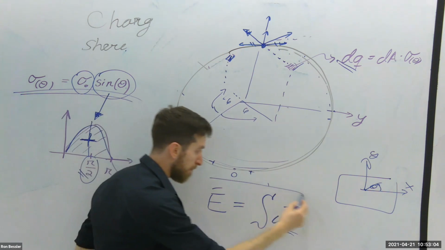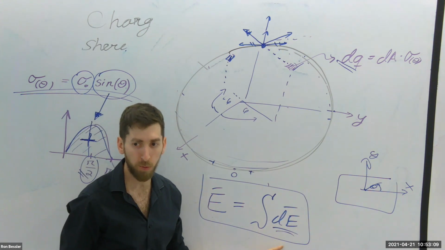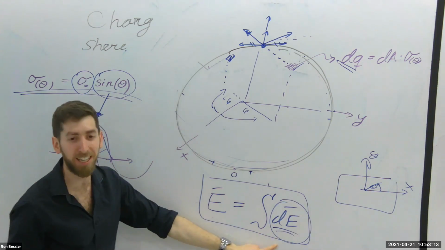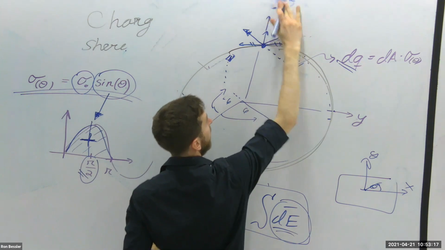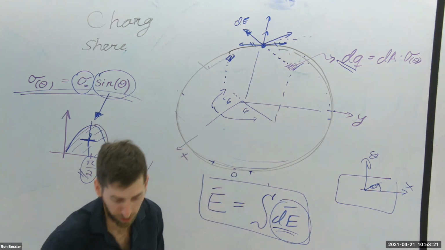So the main goal was to understand how the electric field behaves at that point. And what we actually revealed is that the electric field is not just dE. It's not this one only. This is dE, it's just in a different color.